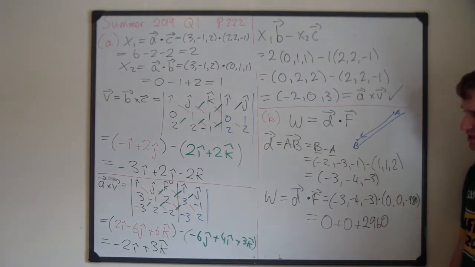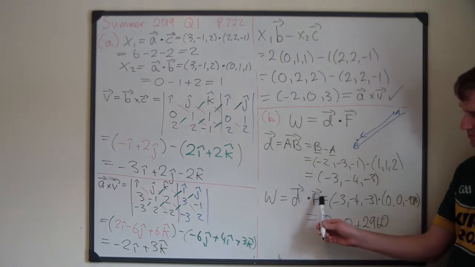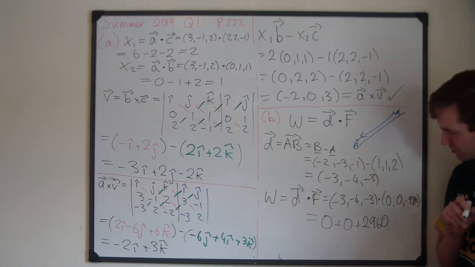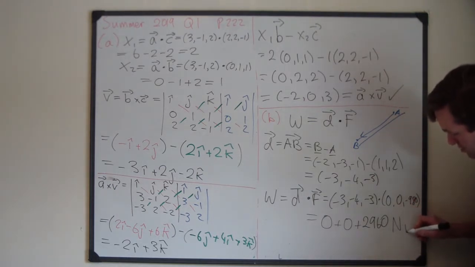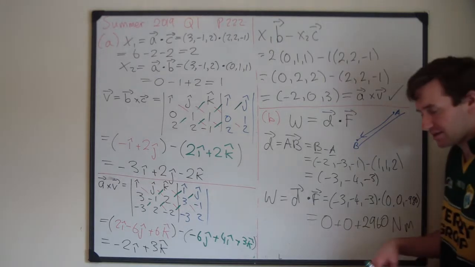I'd use a calculator otherwise. And then you just need to get the units right. So it's going to be units of displacement by units of force. Displacement is meters and the force is newtons. So if you want, you can just write meter newtons. Might be more natural for you to write newton meters, and I'll accept this. You can convert. You can say that that's a joule if you want, because they're both SI units. That's that.